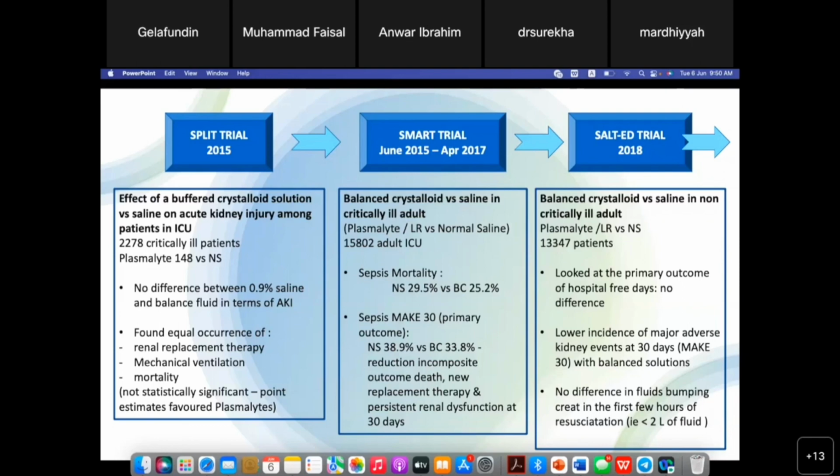However, kat sini dia nampaklah macam untuk MAKE30 ni dia pro balanced solution, tapi dia ada kata kat sini there is actually no difference in the first few hours of resuscitation. What it meant is that kalau you nak guna less than 2 liters of fluid, actually both of them tak ada significant difference.